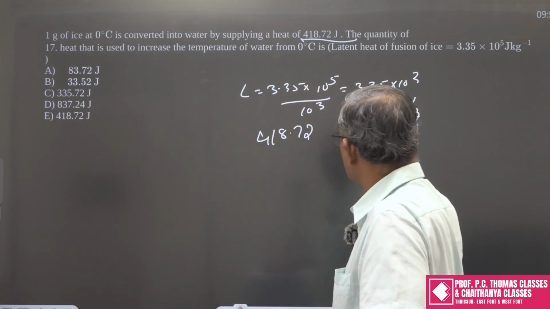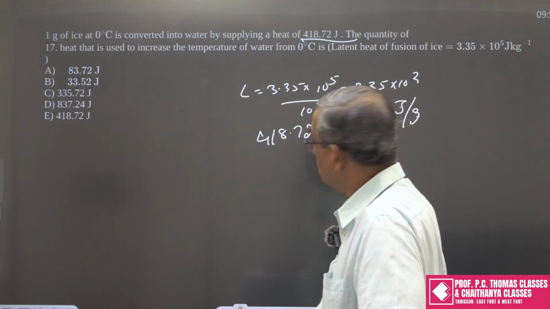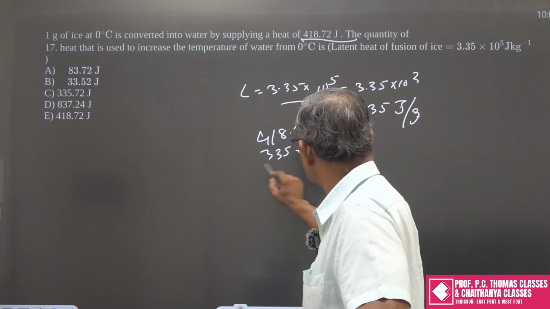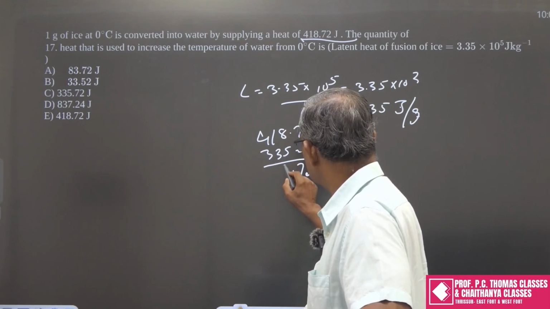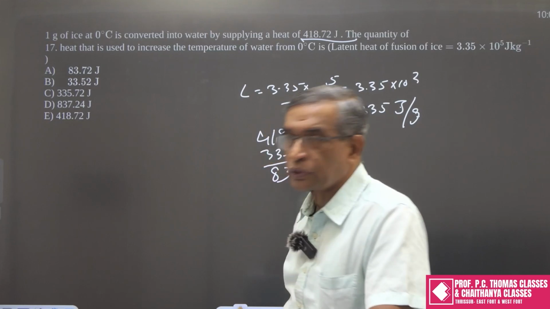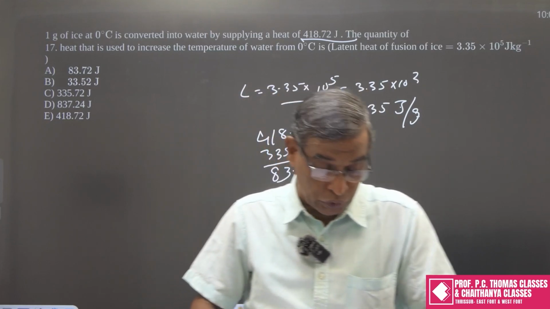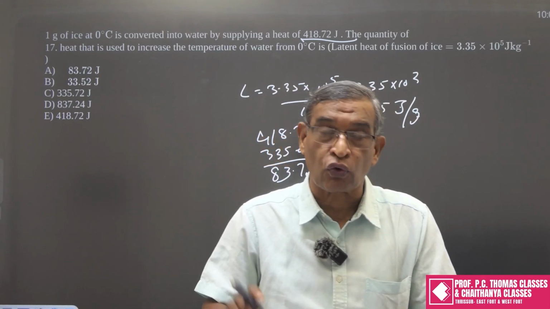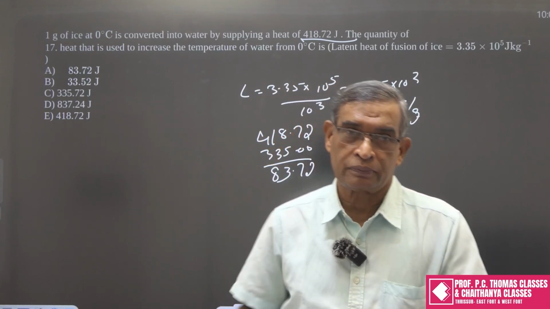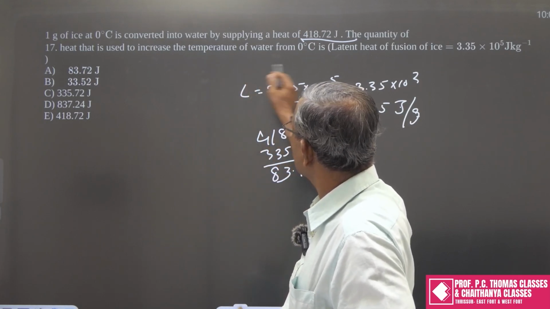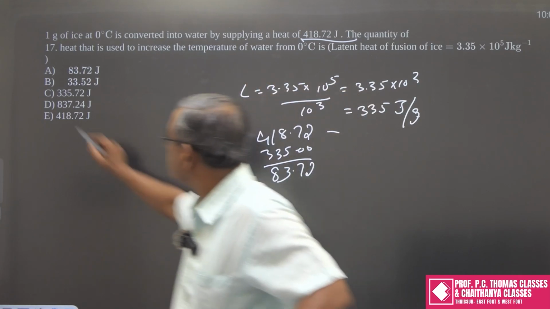So how much energy is used for change of state? 335. Subtracting, 418.72 minus 335 is 83.72. This 83.72 amount of heat is used for the increase in temperature. So the option is this one.